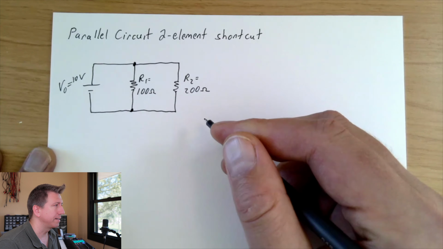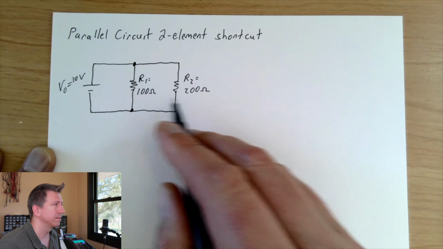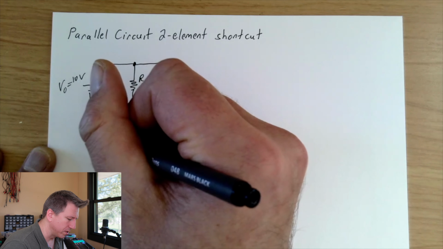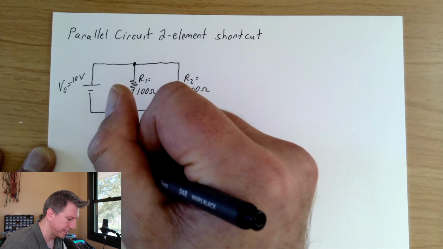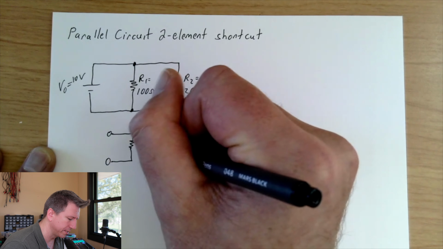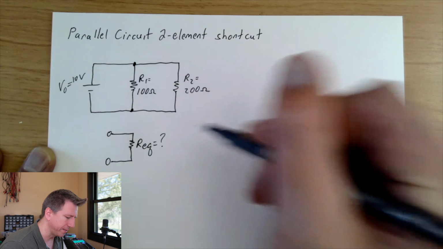What I'm trying to find out here is the equivalent resistance of this parallel two-element circuit. So I want to know what the resistance is if I were to combine those into one resistor. What would its value be?